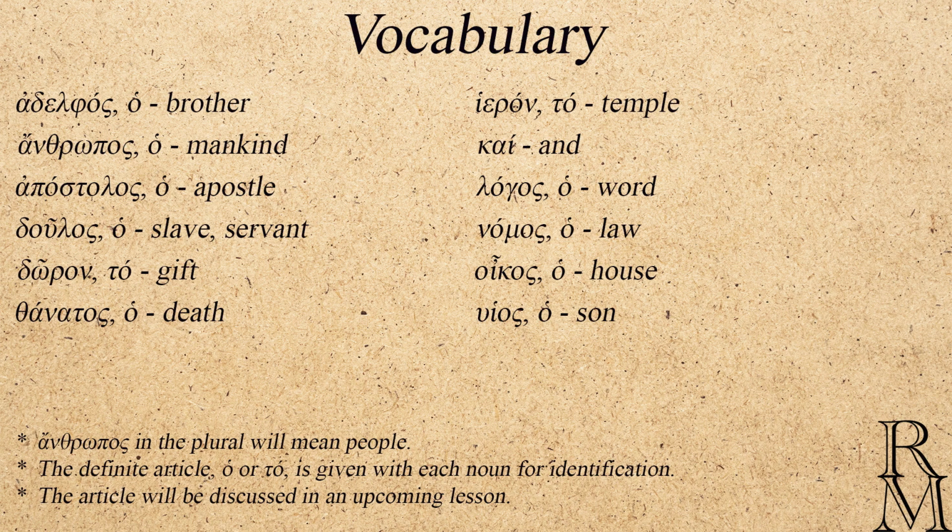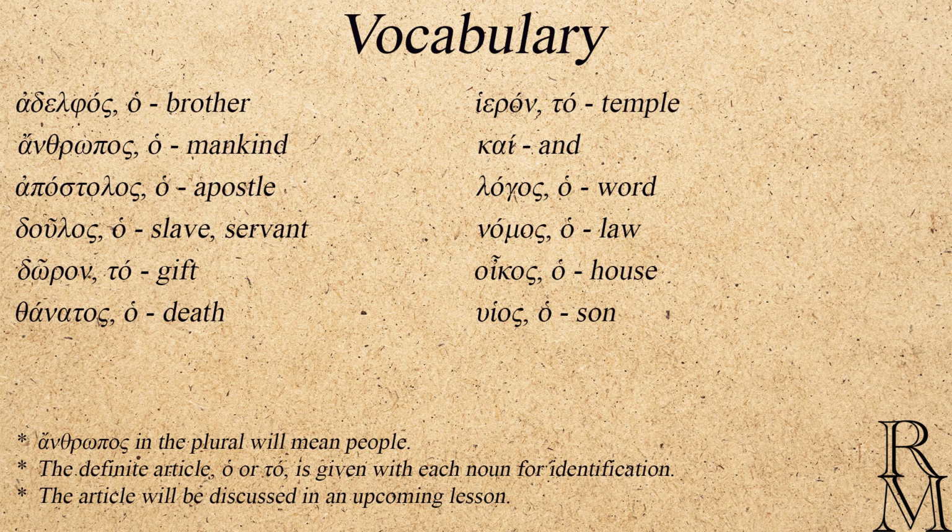So ho is a masculine noun. So for that, you're going to go to the masculine chart, and from that masculine chart, you're going to drop off. For example, if you wanted to say of a brother, then you would not have adelphos, but you would drop off that omicron sigma, and you would add in the omicron upsilon, and you would have adelphou, and it would be of a brother.